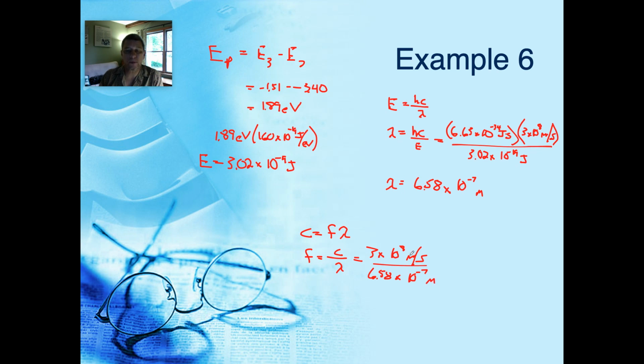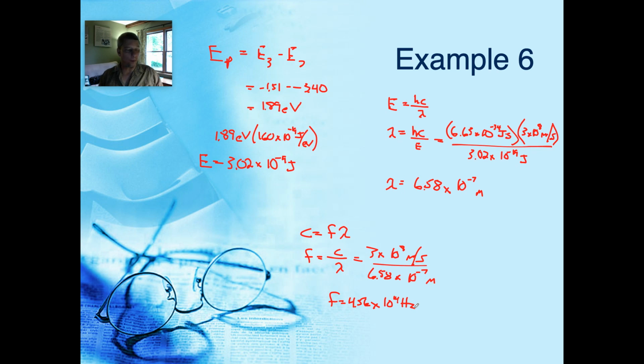If I do the arithmetic here, notice that meters cancels out, and I'm left with a frequency with a unit of 1 over a second, or a hertz. And so the frequency in this case turns out to be 4.56 times 10 to the 14th hertz.